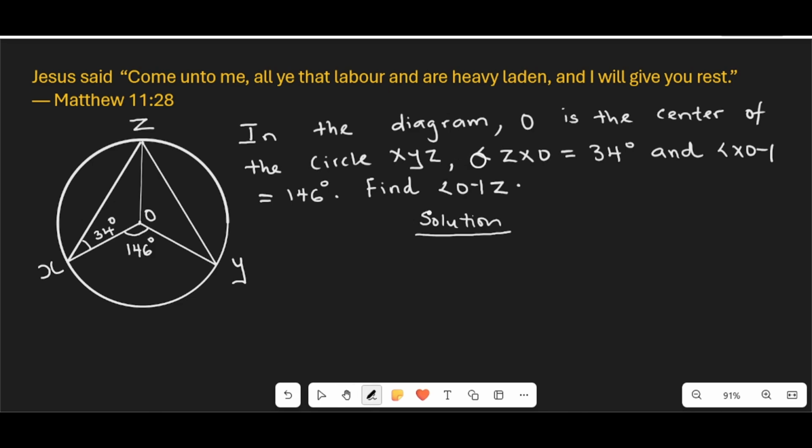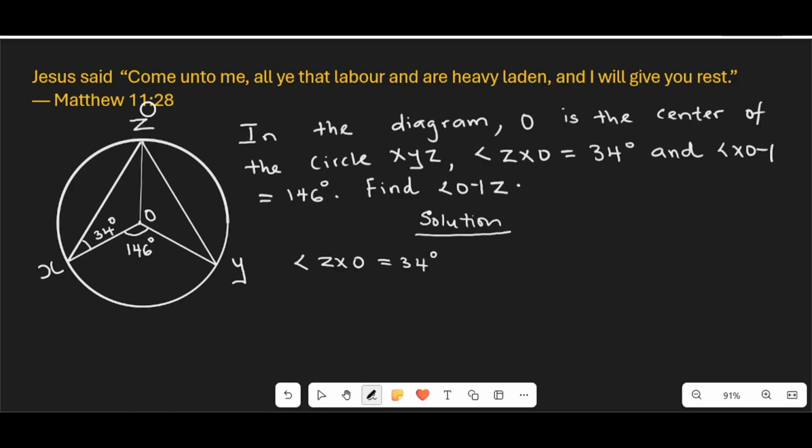In the question we were given that O is the center of the circle and angle ZXO equal to 34 degree.